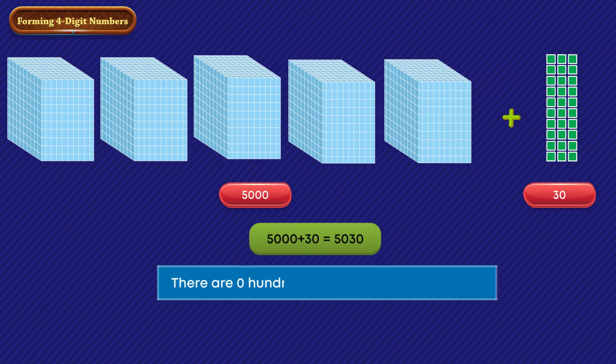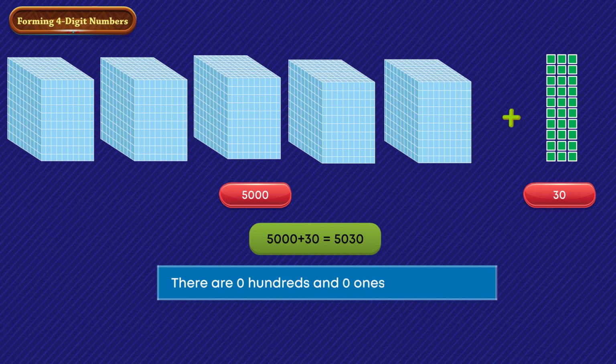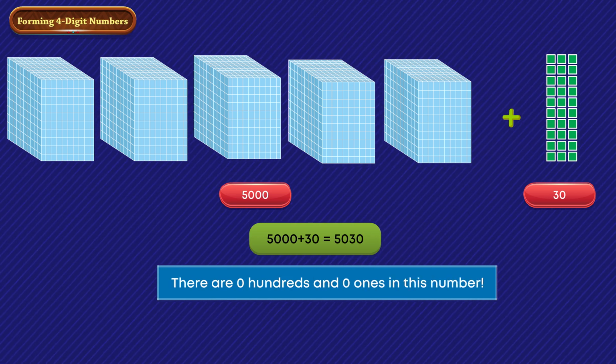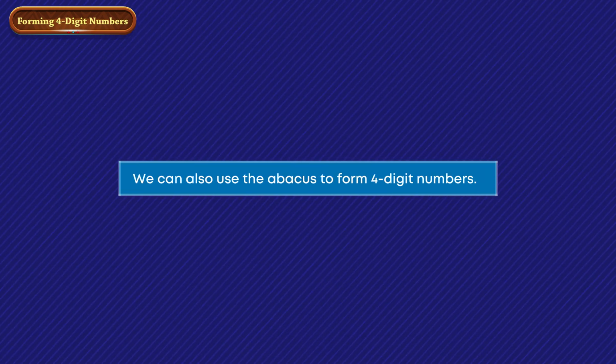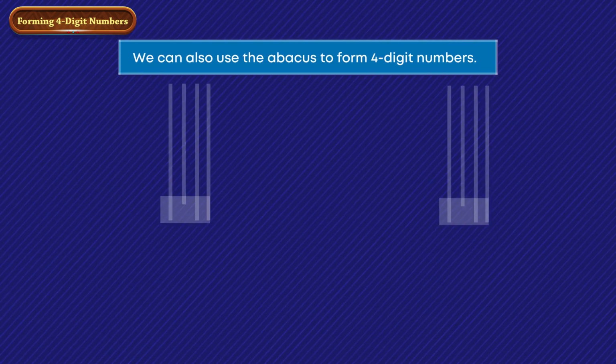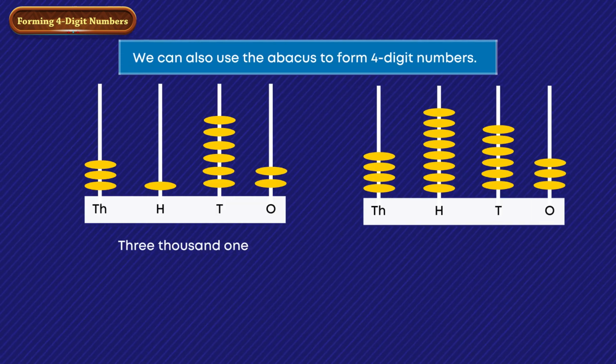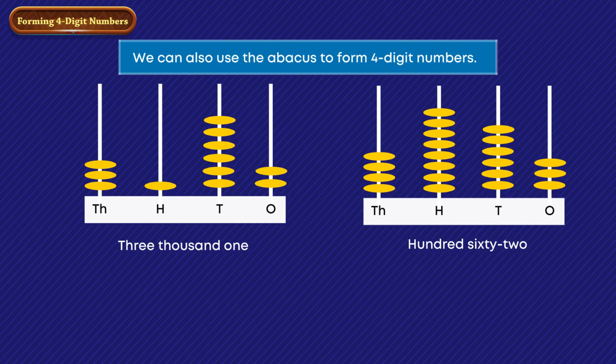There are 0 hundreds and 0 ones in this number. We can also use the abacus to form 4-digit numbers. 3162.